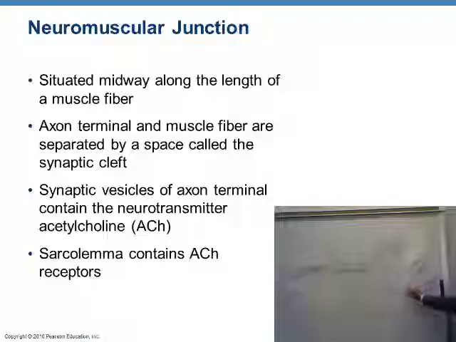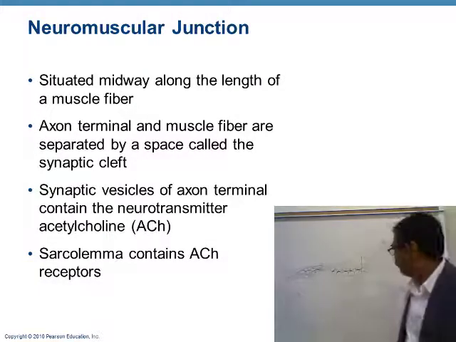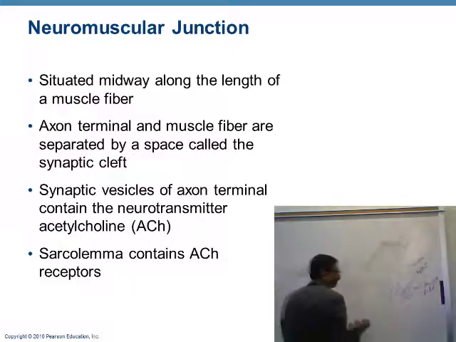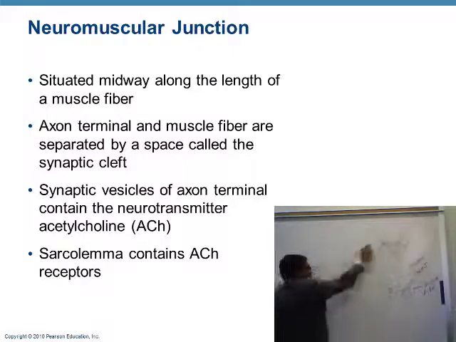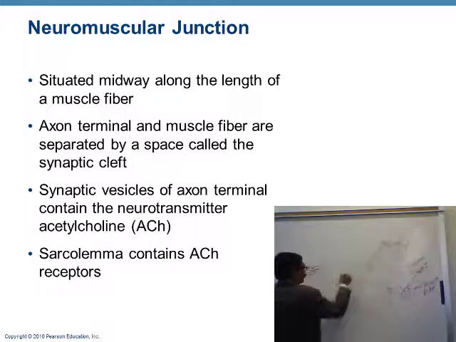Now, if we see the structure of a neuromuscular junction, just this tiny area, under a very powerful microscope, how does it look like? So I am just looking at this part, neuromuscular junction, under a very powerful microscope. So this is the axon terminal, only this part, and this is the muscle fiber.